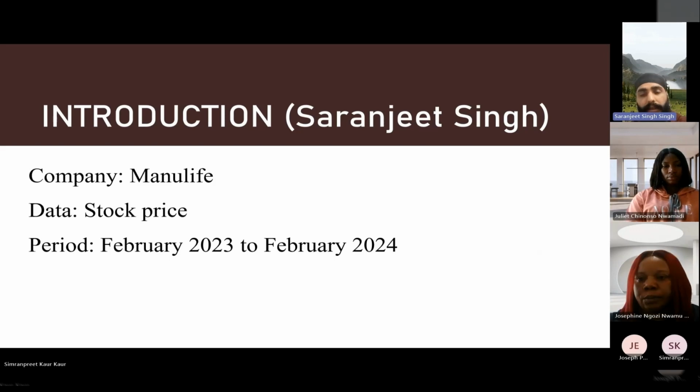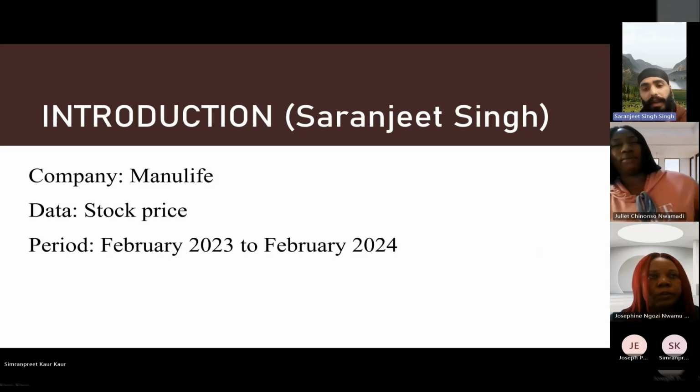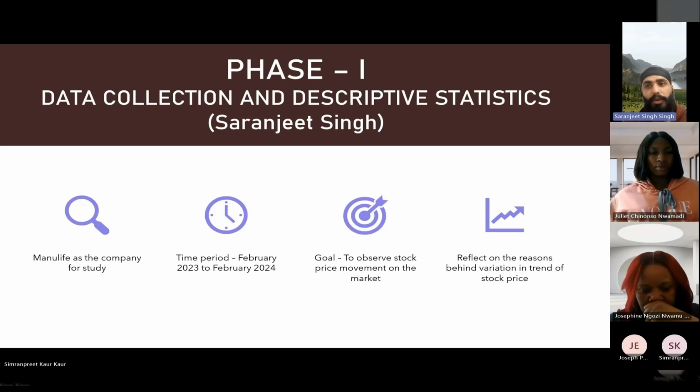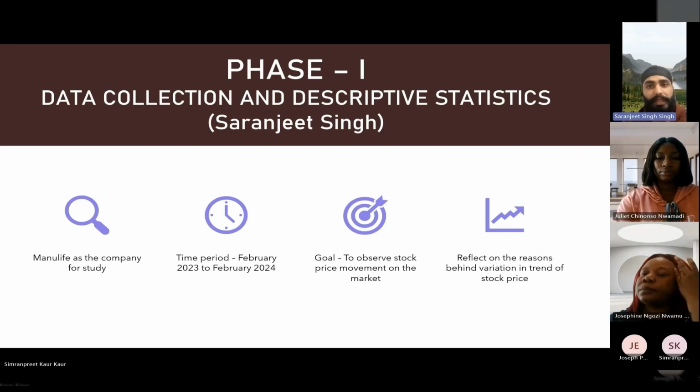We will also discuss where we acquired the data and how we processed it. As mentioned, we will correlate this data to the major events that affected the stock price of Manulife in the specific period.